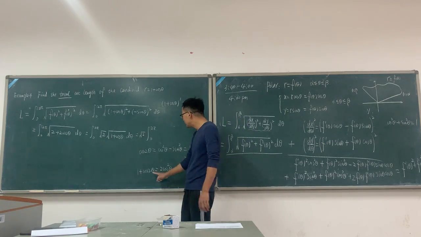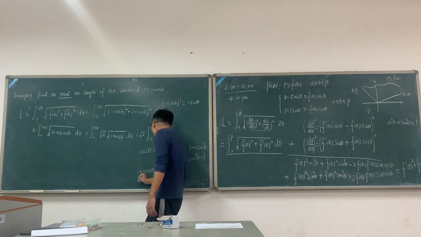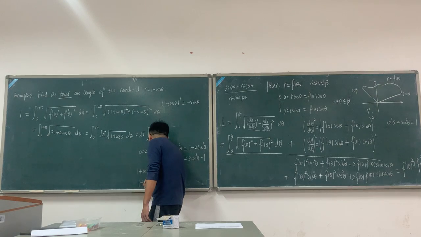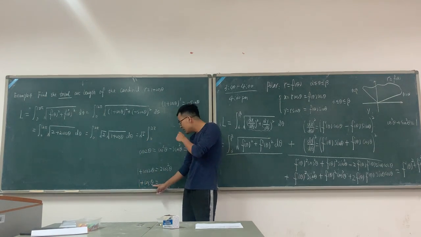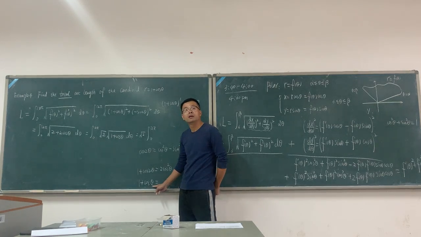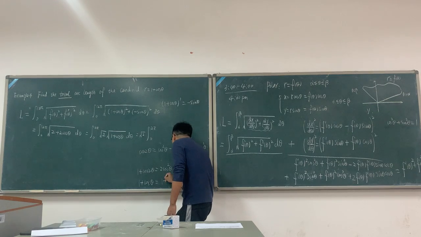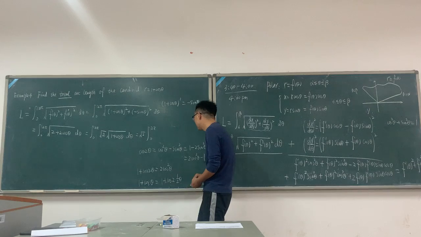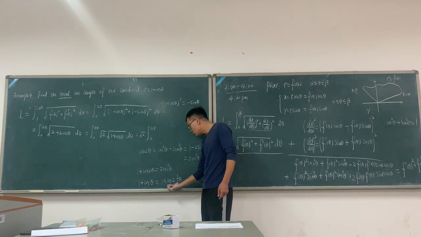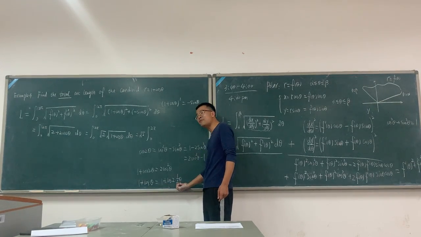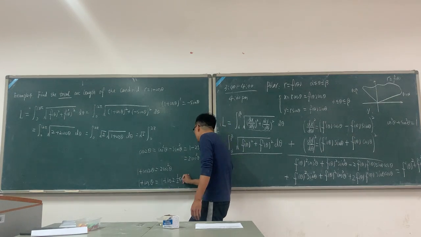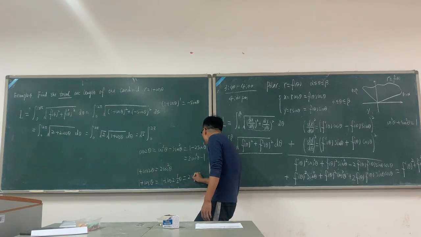So here we use this formula, so we have 1 plus cosine theta equal to what? Theta we can write as 2 times half theta, so 1 plus cosine 2 times half theta equals 2 cosine half theta square, yeah.